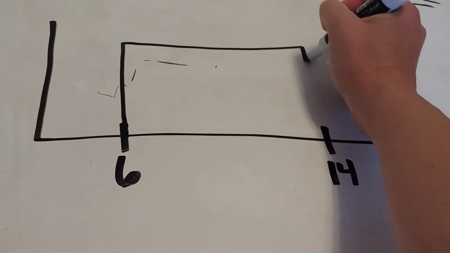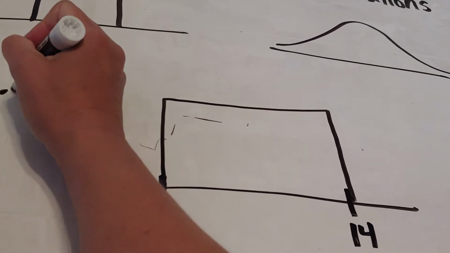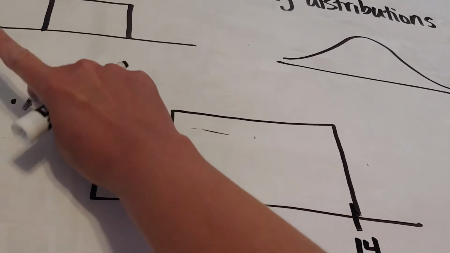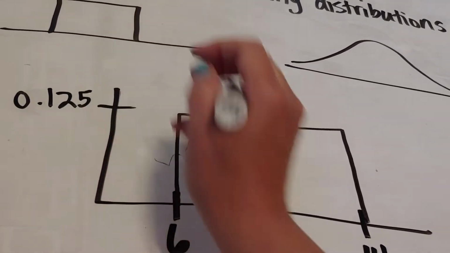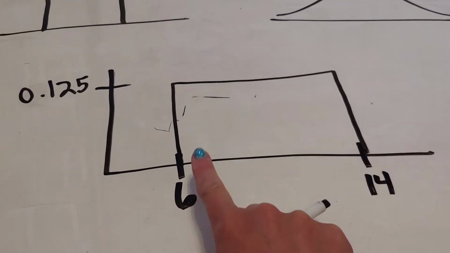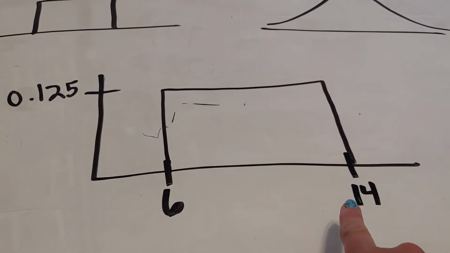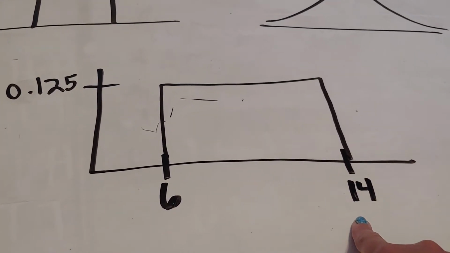Here's our curve. And then this has a height of 0.125. Got ahead of myself. Okay, now, what's happening is that they're saying it doesn't matter, again, what time I go in, it will take somewhere between 6 minutes and 14 minutes to get my sandwich.